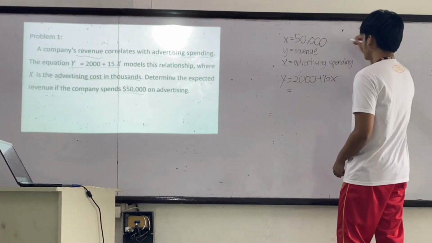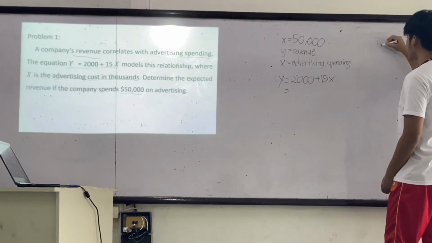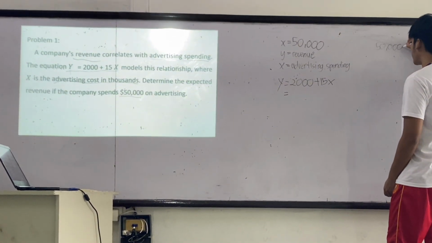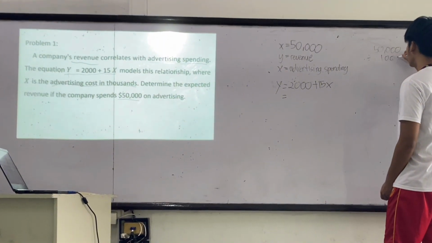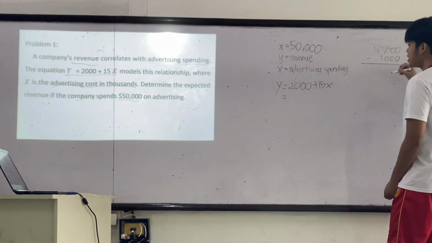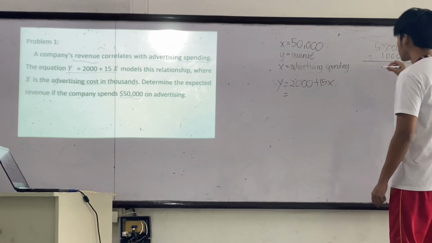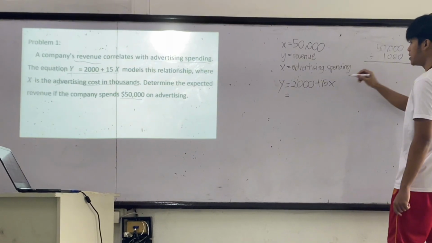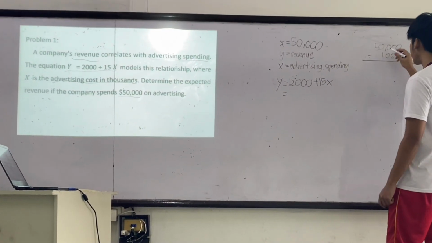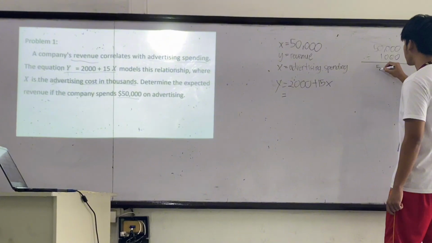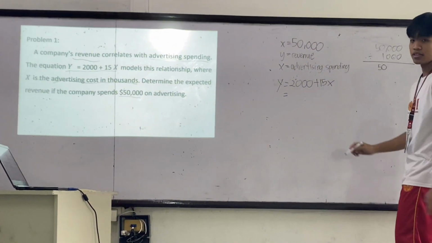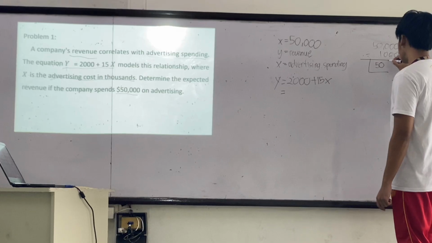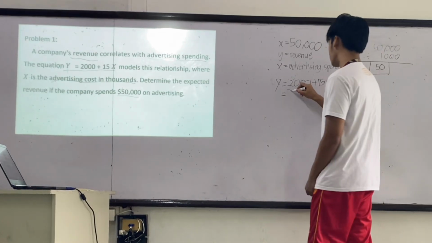We take the 50,000 and divide it by 1,000, meaning that the value we will input in the equation is only 50. So this will be our x value.